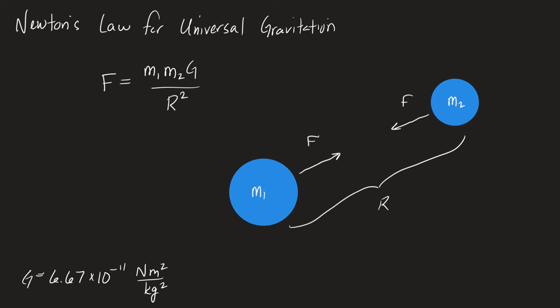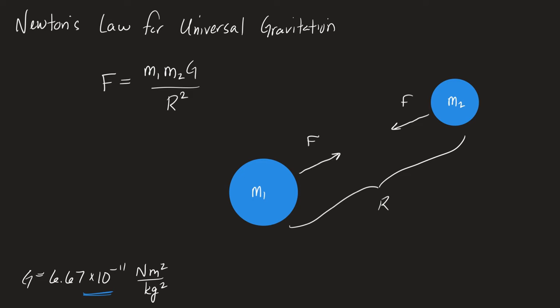The second bullet point, this force is tiny. It's really small. But it's between all objects with mass. So you and the table, you and the person across the classroom, your water bottle and the floor, they're all being attracted together. But remember, all of them are scaled by this universal gravitational constant that is 10 to the negative 11th.